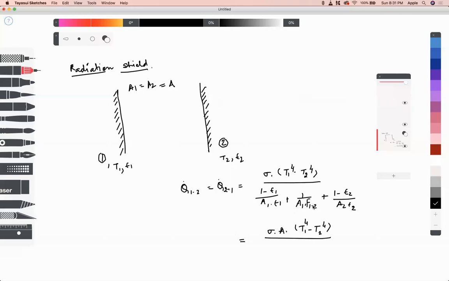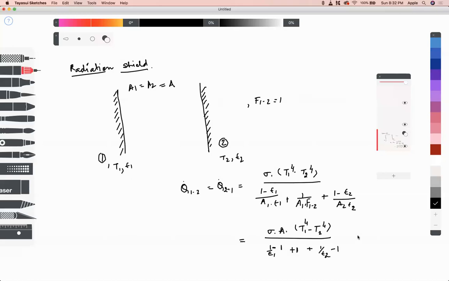Next thing, view factor F1 to 2 will be 1, because all the radiation leaving surface 1 will be taken by surface 2, since the plates face each other. So this middle term will become only 1. And here, since we have taken A1 common, this will be 1 by epsilon 1 minus 1, plus 1, plus 1 by epsilon 2 minus 1.